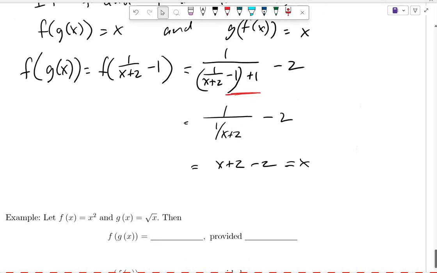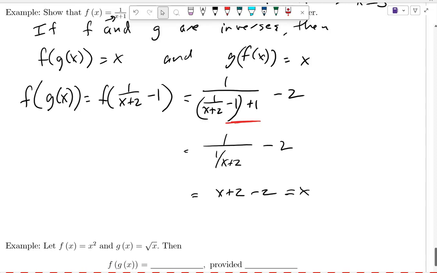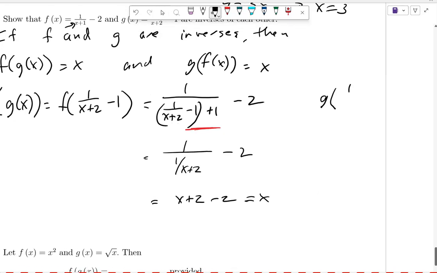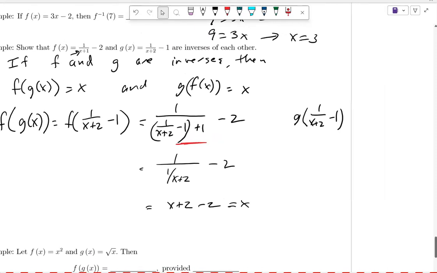It should work the other way around too. If you do g of 1 over x plus 2 minus 1, oops, sorry, x plus 1 minus 2, I put the wrong thing in.